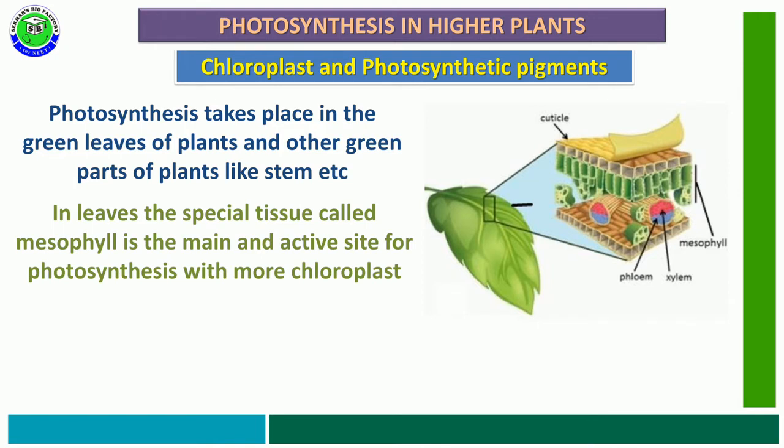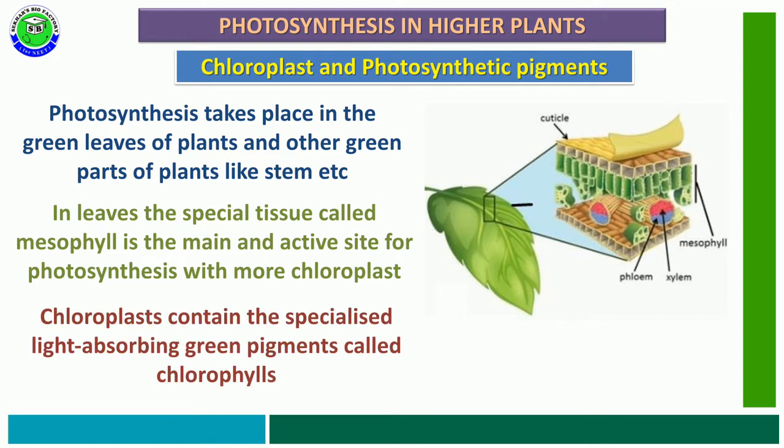In the structure of a leaf, the specialized tissue is called mesophyll, and this mesophyll is the main and active site for photosynthesis due to its large number of chloroplasts. And in the structure of each chloroplast, there are specialized light absorbing green colored pigments called chlorophyll pigments.